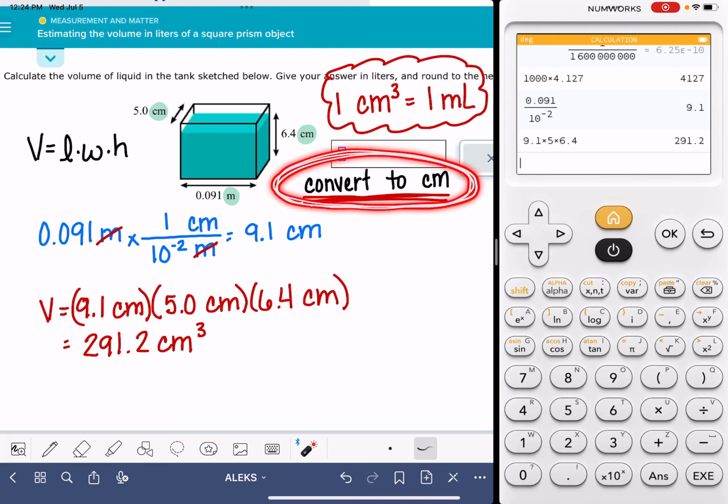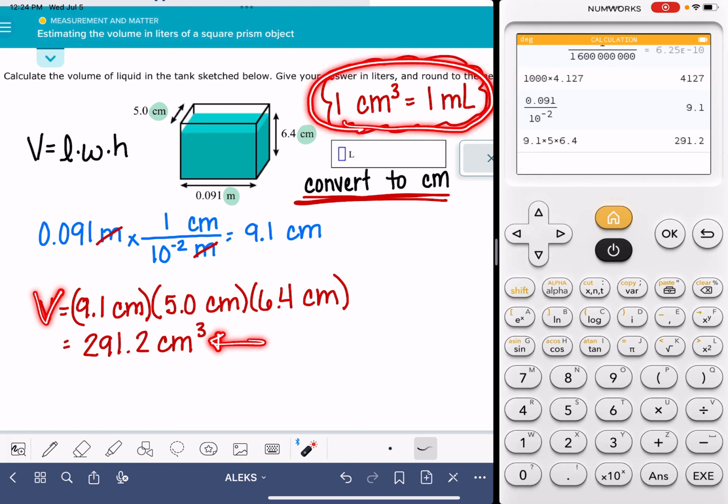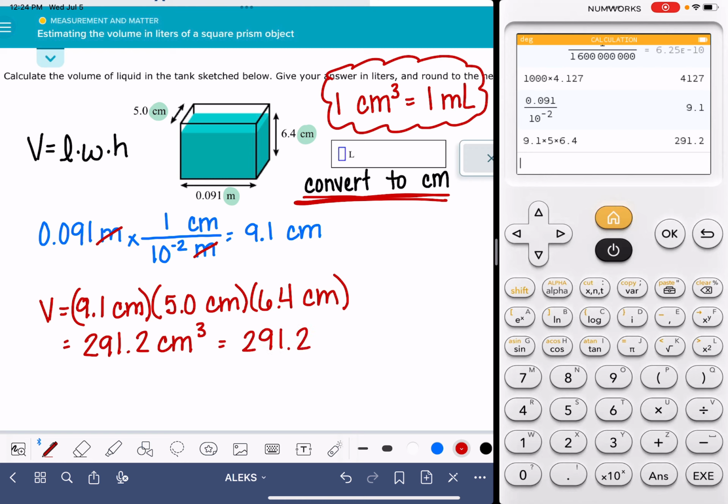I suggest all of your side lengths get converted into centimeters so that when you do your volume calculation, you end up with units of cubic centimeters, which you can then very easily convert into milliliters, because 1 cubic centimeter is 1 milliliter. It's a 1-to-1 relationship.